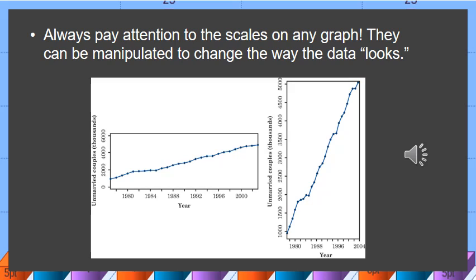For example, the line graph on the left here and on the right represent the exact same data and the same numbers. You have on the y-axis the number of unmarried couples in thousands, probably in United States, and the x-axis is showing how the number of unmarried couples has progressed through time from 1980 to year 2000.